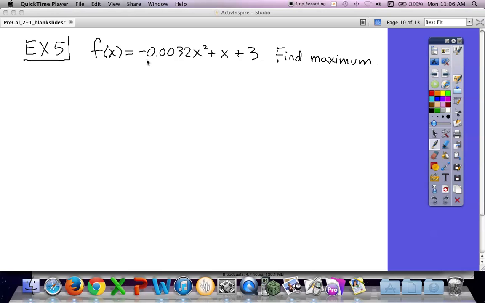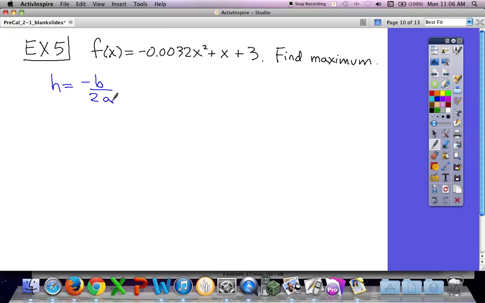So how do we find the vertex? Could we put it into the standard form and then just read it off the equation? Sure. But remember the formula we did on the first slide? What's the formula for h? Negative b over 2a. It's much easier. Just find the h by plugging into that formula.